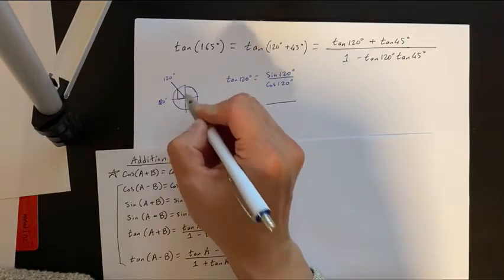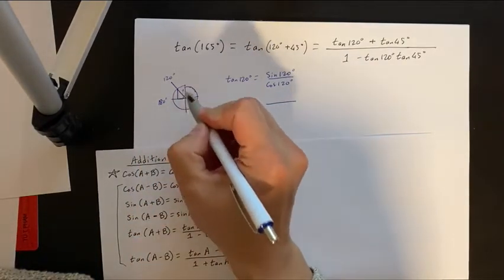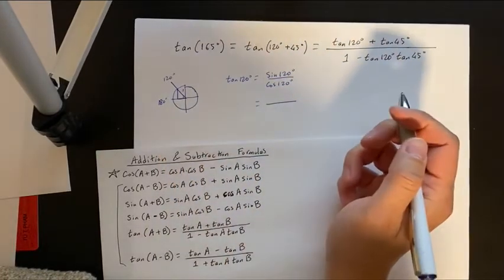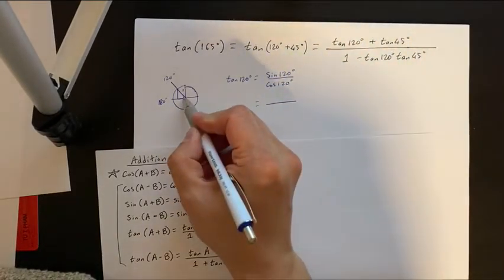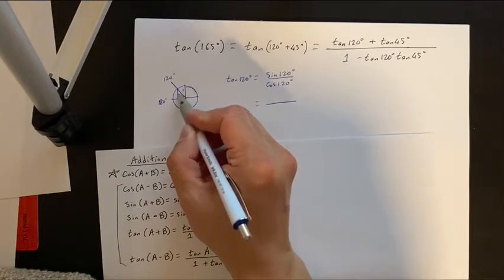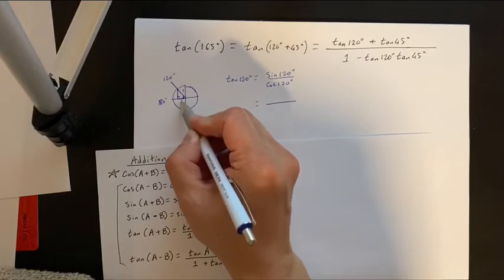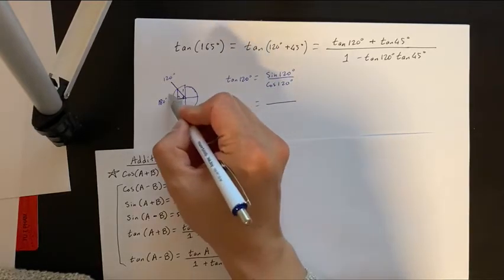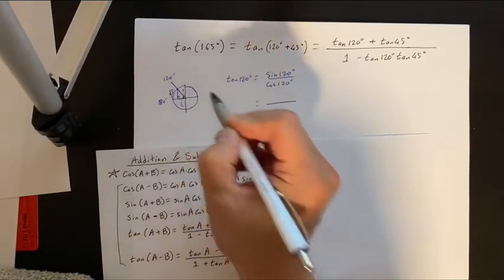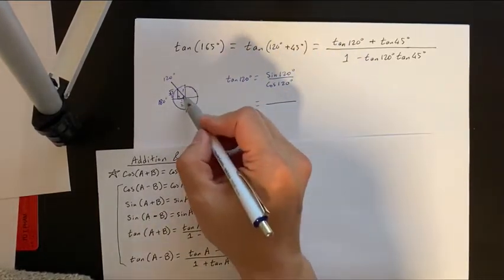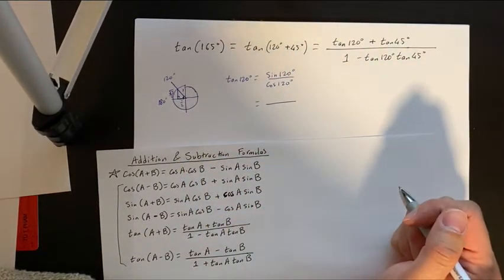So when I draw my reference triangle, that angle down here is a 60. Okay, so let's remember our special right triangle. Next to the 60 is going to be the 1/2. And that means this guy is root 3 over 2. So in my unit circle, I can fit that special right triangle in.